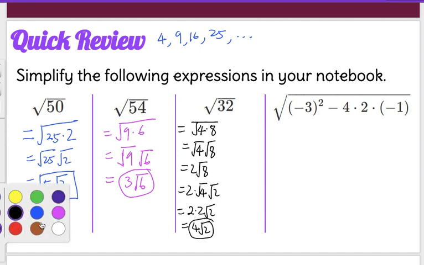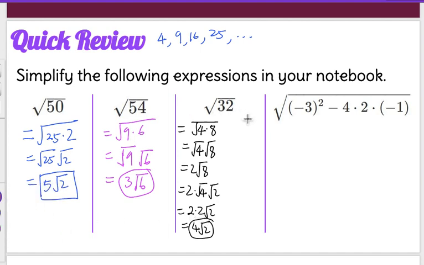So instead of using 4 and 8, I can use a better choice, which is 16 times 2. 16 times 2 is 32, and square root of 16 is 4, so I can easily get the answer in fewer steps. It doesn't mean the other way is wrong, but you want to try the biggest perfect square number as a factor. It's easier for you to simplify.